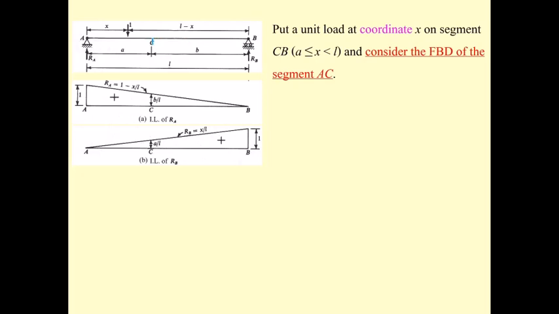So this time the force now moves into this portion, and then we're going to use the segment AC here to draw the free body diagram, because this time the force moves. Actually, this one is not correct.